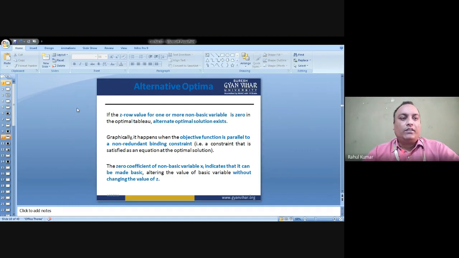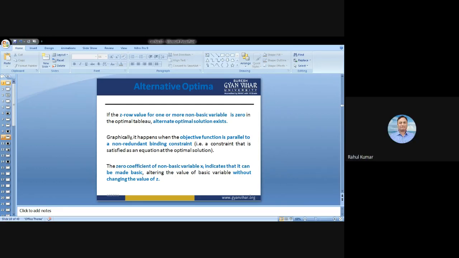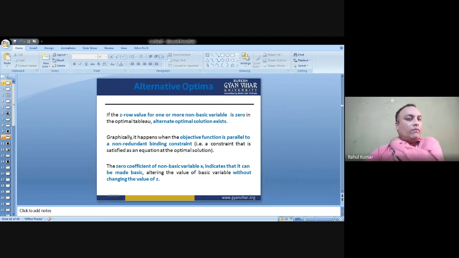For the alternative optima problem, if the z row value of one or more non-basic variables is 0 in the optimal tabulation, alternate optimal solutions exist. Graphically it happens when the objective function is parallel to a non-redundant binding constraint.